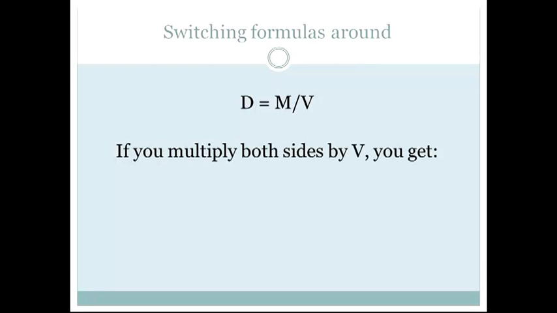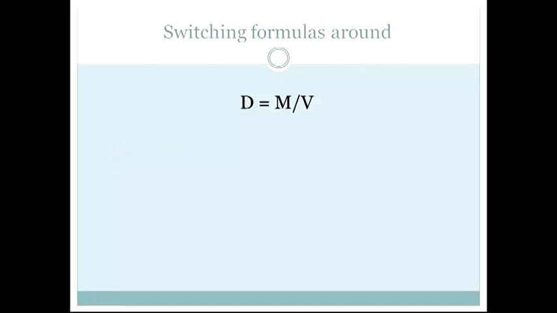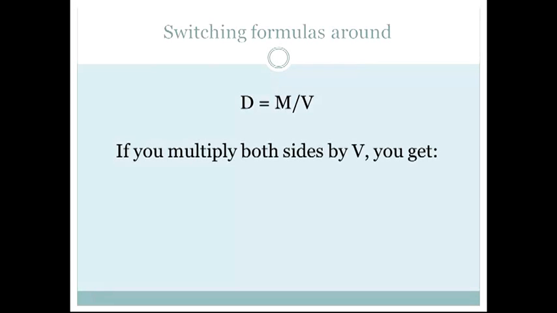Now here's the thing. You can switch this formula around so that you can solve for M or you can solve for V. This is where the basic algebra reminder comes into play. If you multiply both sides of this equation by V, you end up with DV, meaning D times V, on the left side.